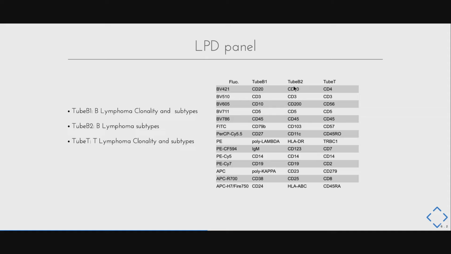The B2 tube is kind of complementary to B1, including markers such as CD23, CD200, CD103 for further B-cell lymphoma subtype identification. The T tube contains markers for T-cell lymphomas, and also we have TRBC1, which was introduced 4 years ago to identify clonal T cells.